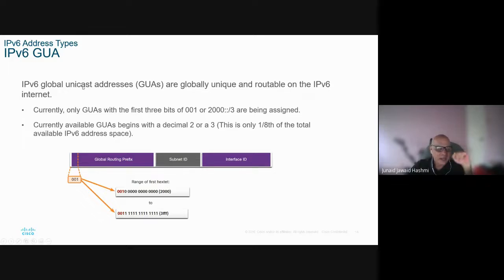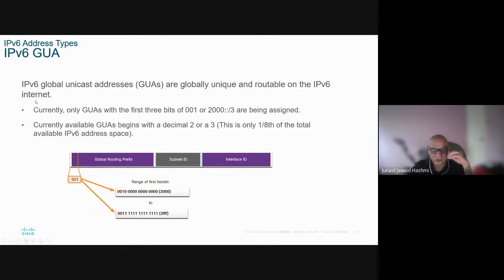Just like IP version 4 public addresses, IP version 6 GUAs, or global unicast addresses, are unique globally, and they're used to access the internet. Currently, only GUAs with the first three bits of 001, or decimal 2 or 3, are being assigned.